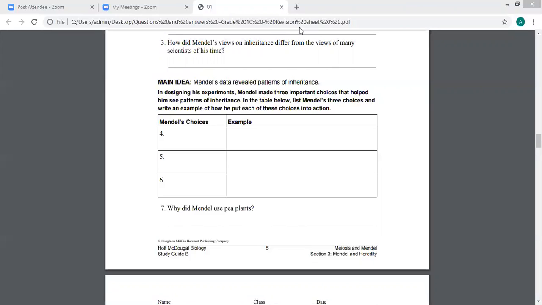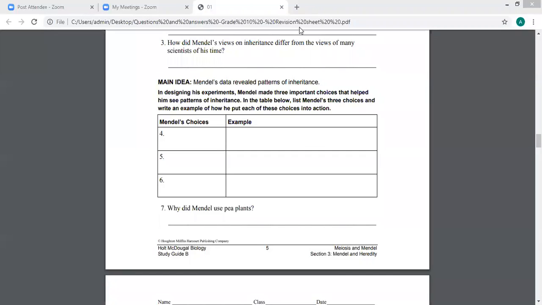Again, number 1, or you can write it in number 4. He controlled the pollination by cutting or removing the anthers, the stamens especially, and covered the ovary of the plant to prevent self-pollination and mixed pollination.